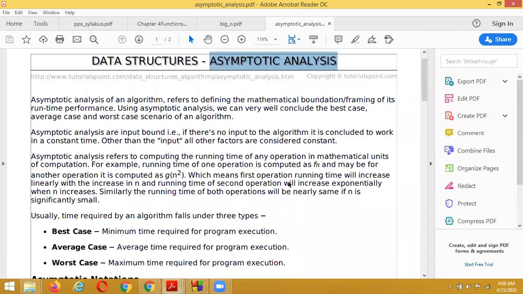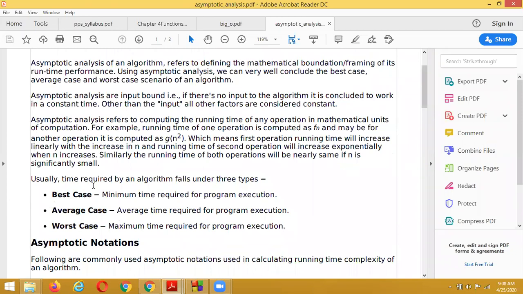While analyzing the algorithms, we are going to consider three cases. For which type of input will it execute fast, for which type of input will it take maximum time, and for which type of input will it take average time. Best case means the minimum time required for the program execution.